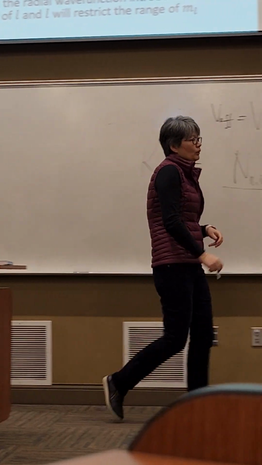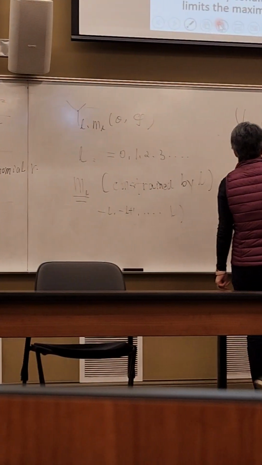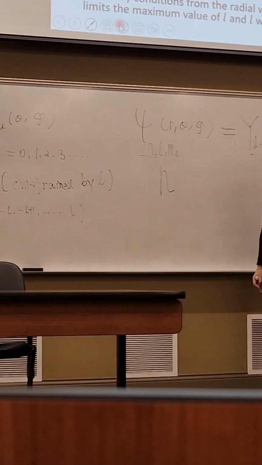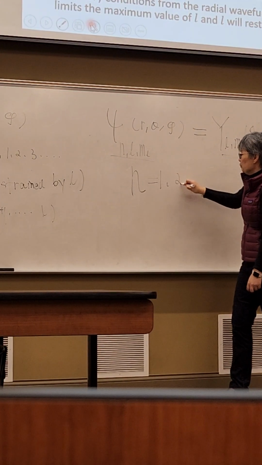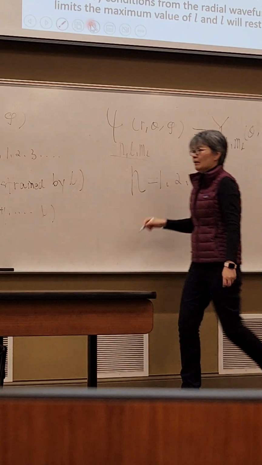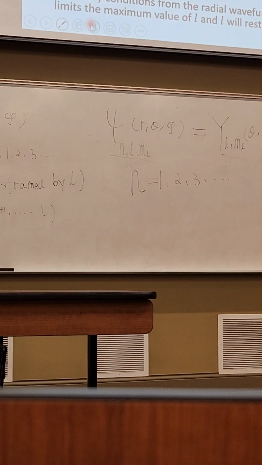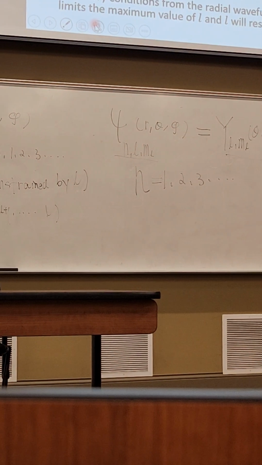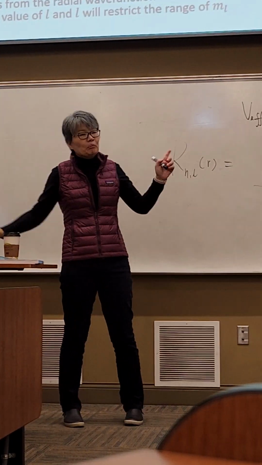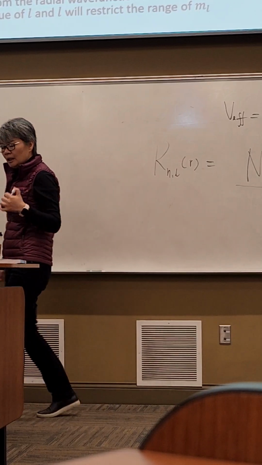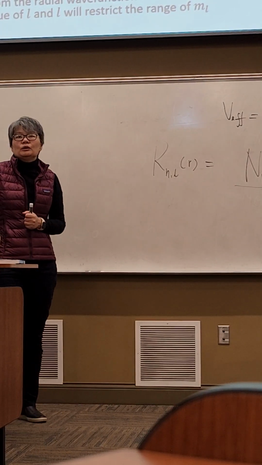By solving the Schrödinger equation for the radial function, we come up with the principal quantum number, and we also come up with what kind of values are allowed. So the principal quantum number equals 1, 2, 3.